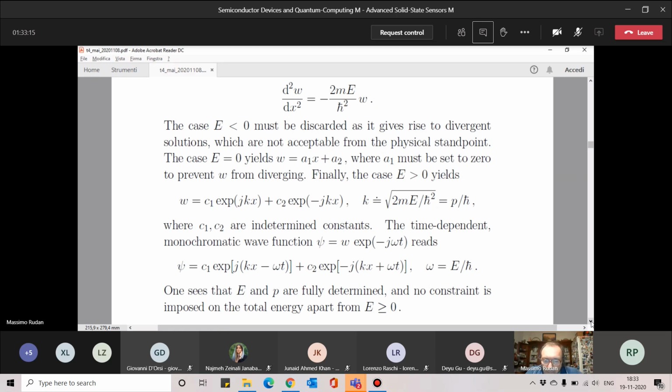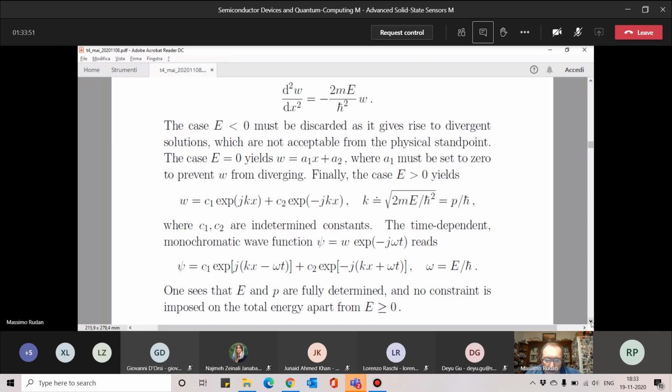Conclusion: the general solution of the problem for the free particle, we could repeat it in 3 dimensions, but it would be just the same, okay? Is that the wave function is the superposition of two planar and monochromatic waves. One wave propagates in the positive direction of the axis and the other one propagates in the negative direction of the axis, okay?